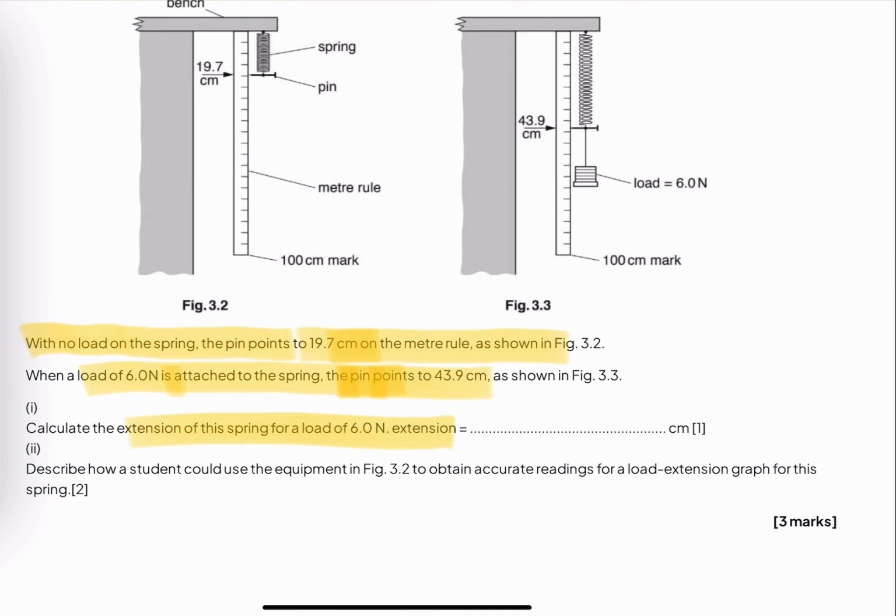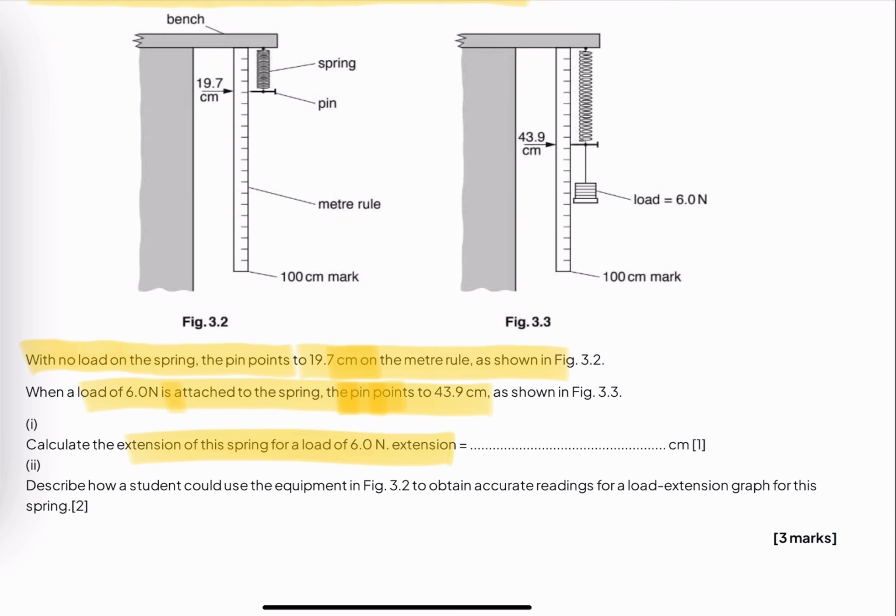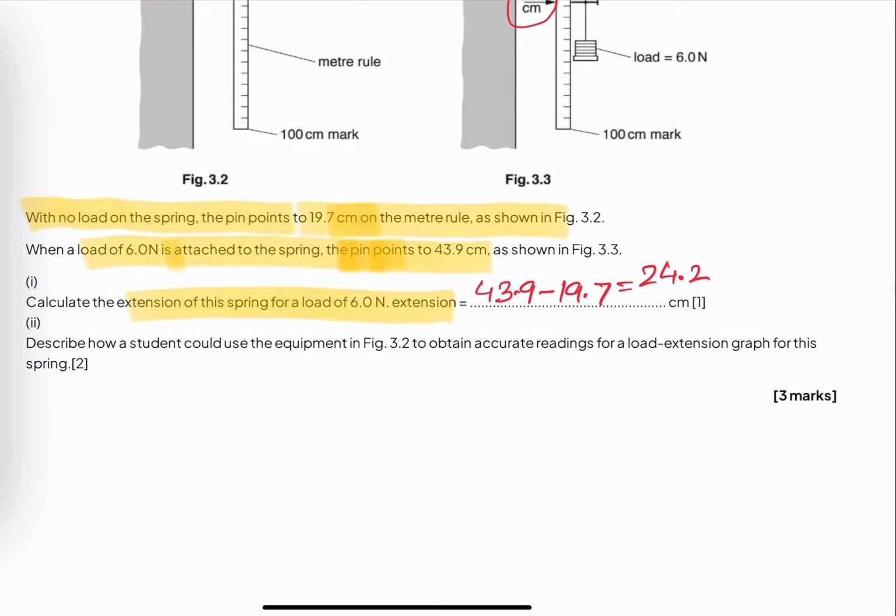Okay, extension is basically a change in length. Final length is 43.9, initial length was 19.7. So 43.9 minus 19.7, subtracting both, that will give you 24.2 centimeters.